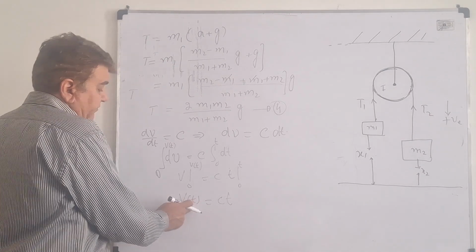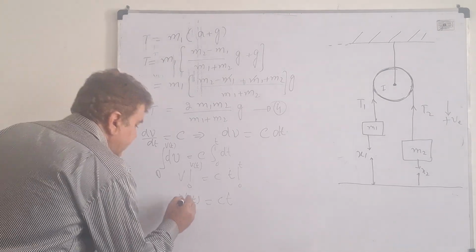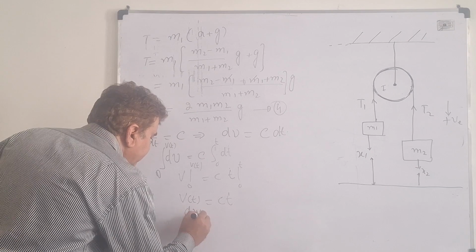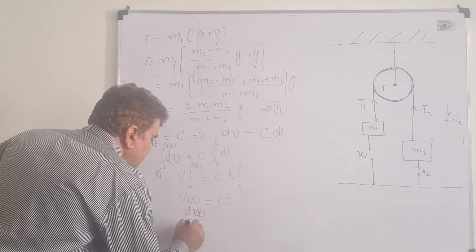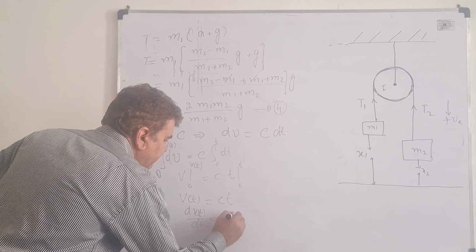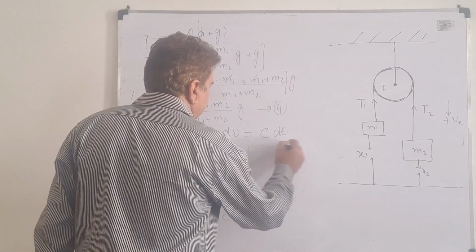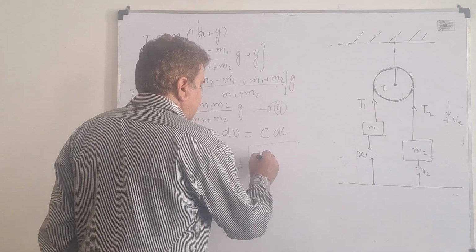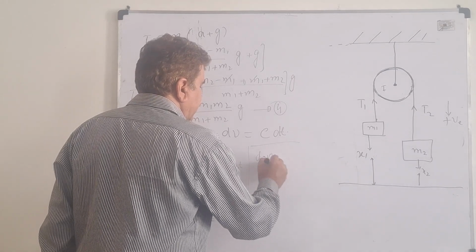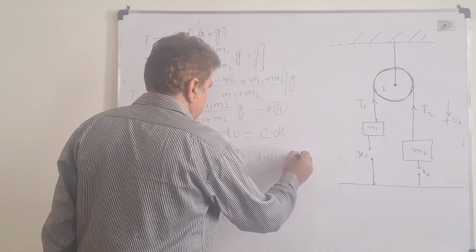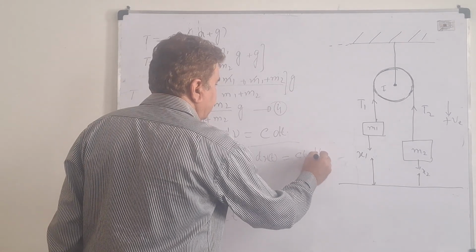And similarly, if I integrate this one more time by writing v of t as dx of t over dt equals c t, then I can separate them to write this in the form of dx of t equals ct dt.